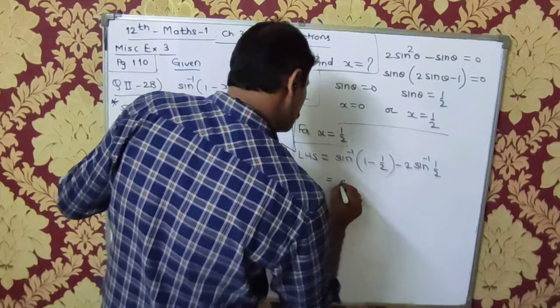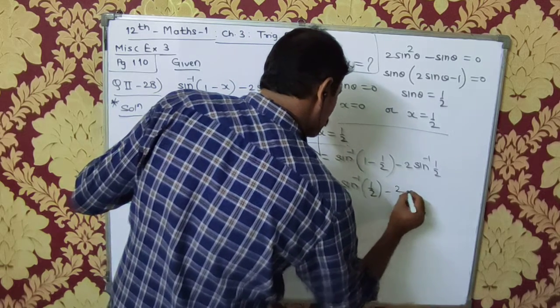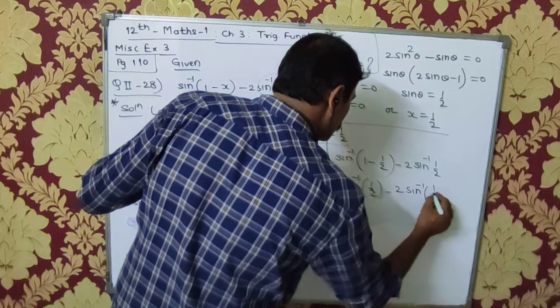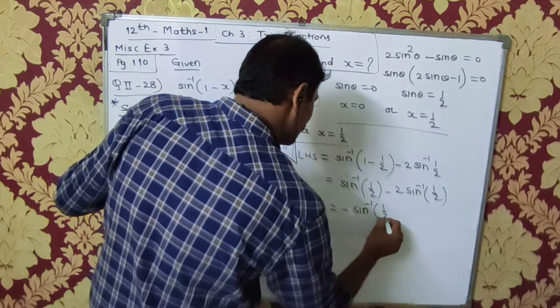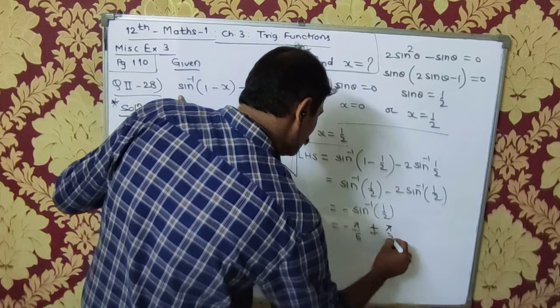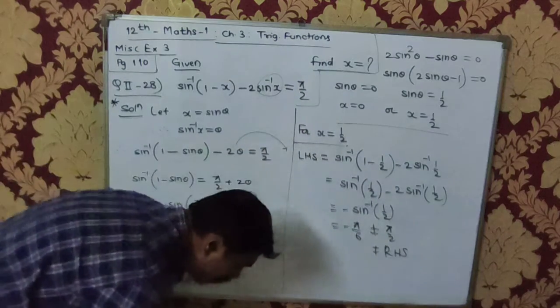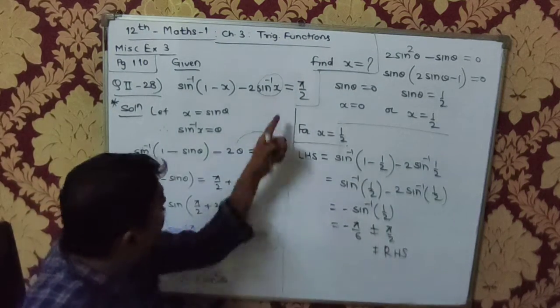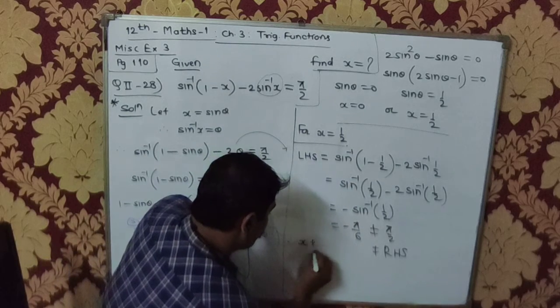So that is equal to sin inverse of half, since 1 minus half is half, minus 2 times sin inverse of half. So that is equal to minus sin inverse of half. The sin inverse of half is pi by 6, so this is minus pi by 6, and that is not equal to pi by 2. That is not equal to RHS, and therefore x is not equal to half.